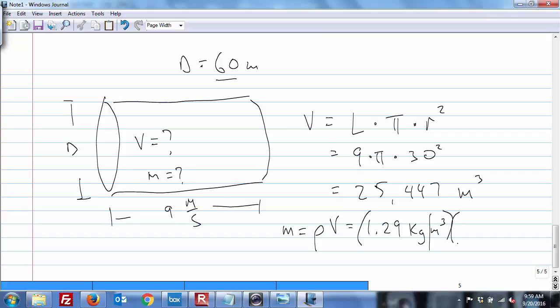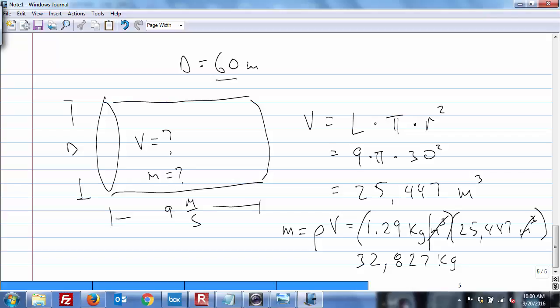We'll multiply that by the 25,447 cubic meters. So the meters cubed will cancel, and we'll be left with kilograms. So at the end of the day, we've got 32,827 kilograms of air coming at the turbine. And then the authors say 32 tons of air coming at the turbine. It's a pretty good chunk of air.